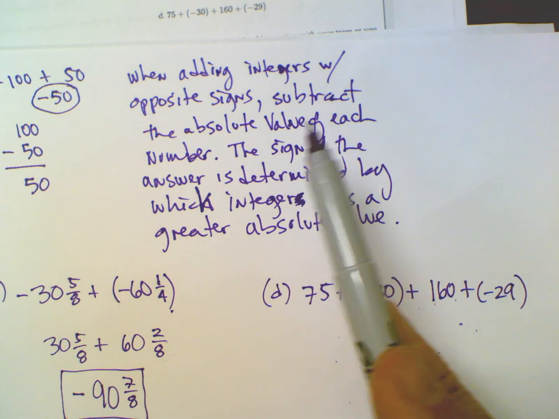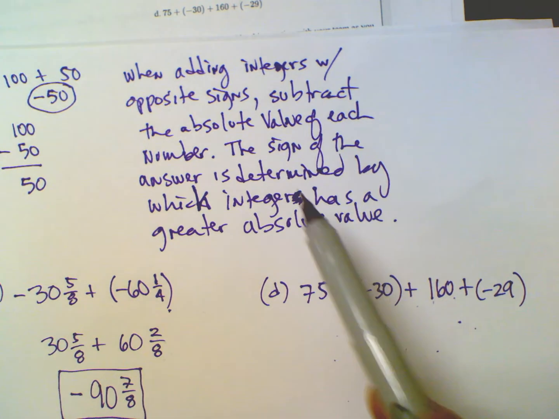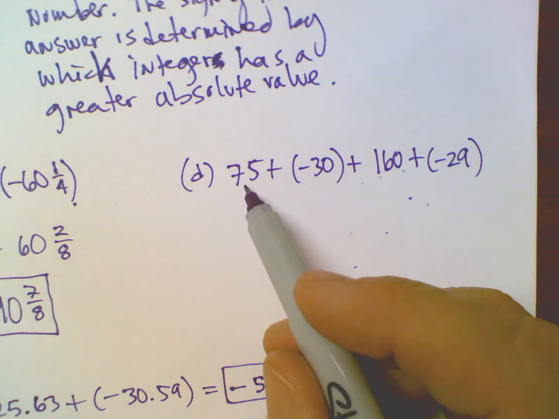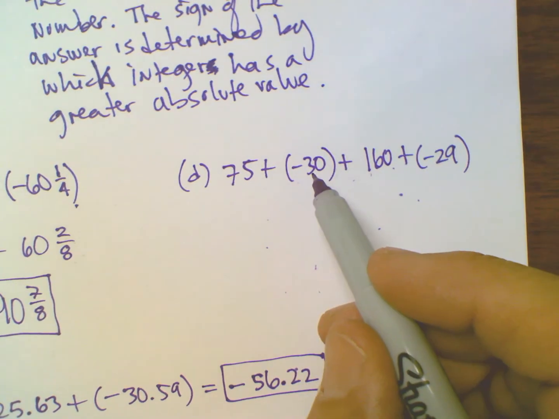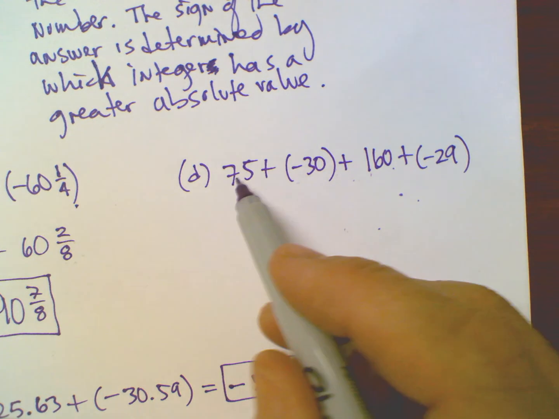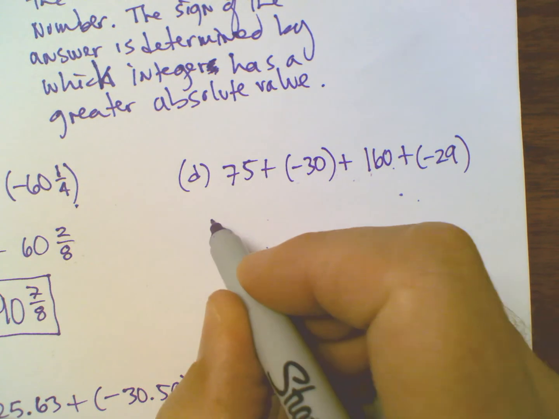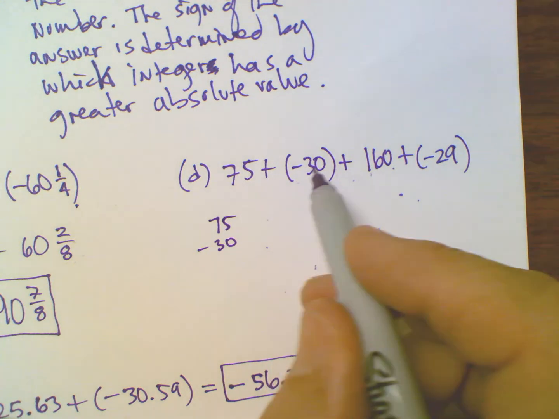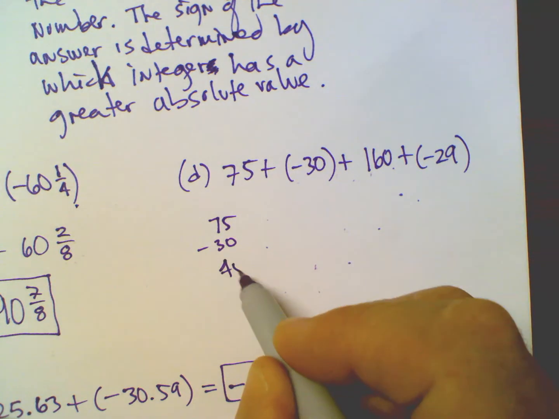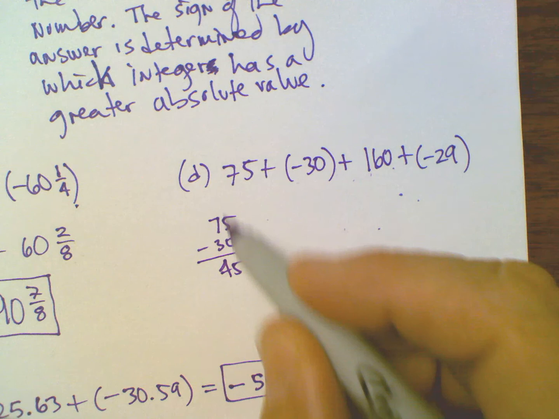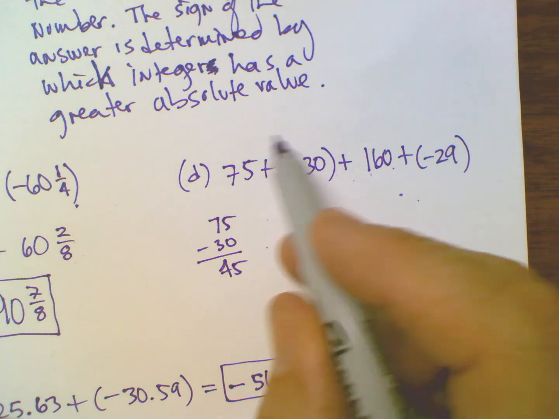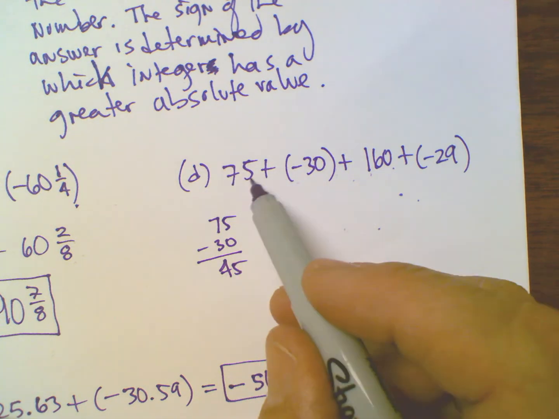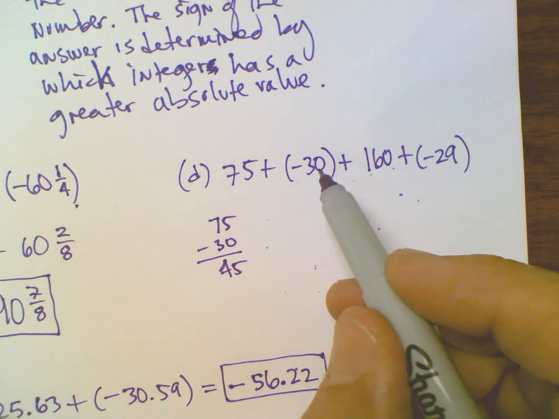When adding integers with opposite signs, I'm going to start by adding 75 and negative 30, a positive and a negative. The first thing I do is subtract the numbers because they're opposite signs, and I get 45. Then I look at which absolute value is greater.